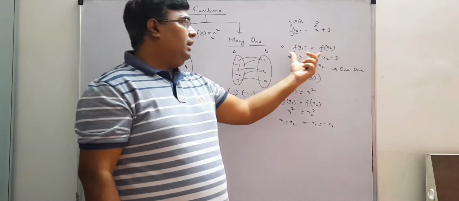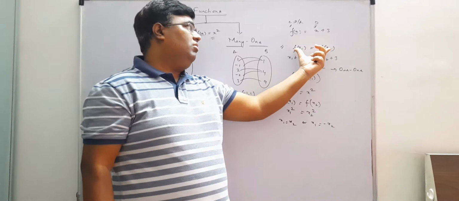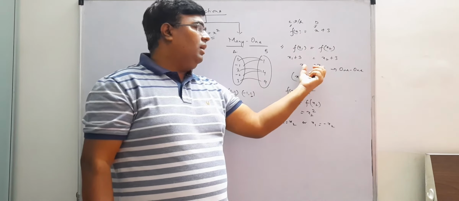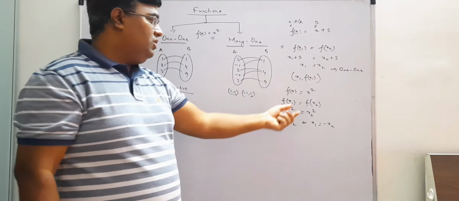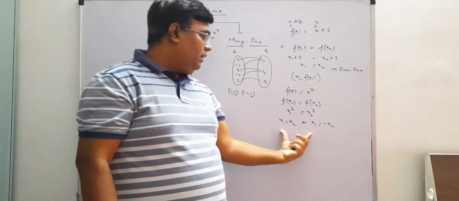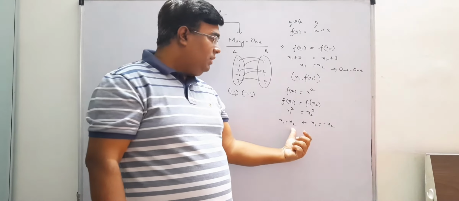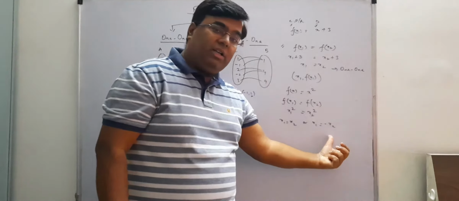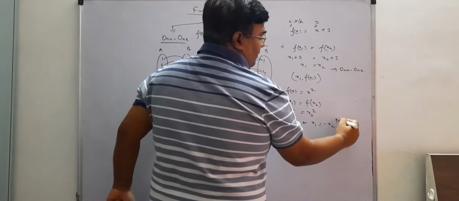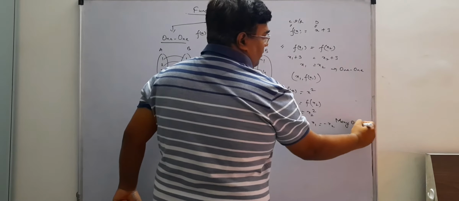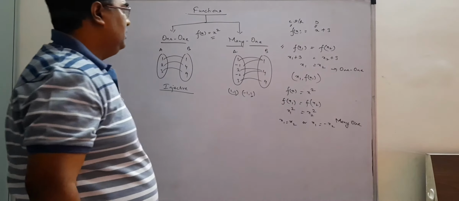Just assume that the second element is the same, f(x1) is equal to f(x2), and prove that the first element is also the same. Hence it will be one-one. If it is not proved that the first element is equal to the second element, or you are getting a different condition also, then it will be many-one. This is my many-one function.